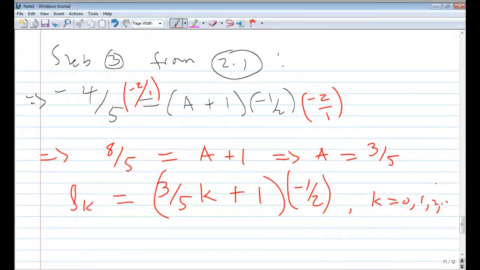So let's verify. If K equal to 0, so row 0 equal to what? You substitute K by 0. The whole of this is 0. Sir, it's alpha exponent k, like negative 1 over 2 to the k. Oh yeah, there is a k.